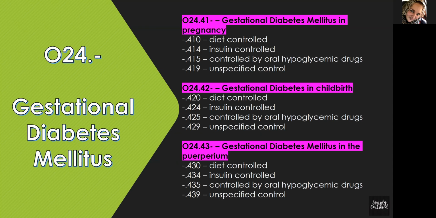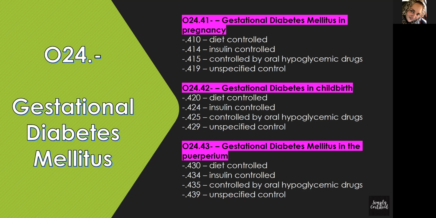All right, so the last type of secondary diabetes, and we'll talk about probably the O codes a little bit more too, because there's 2 types of diabetes that happen with O codes. So category O24, and notice again, there's a period and a dash.